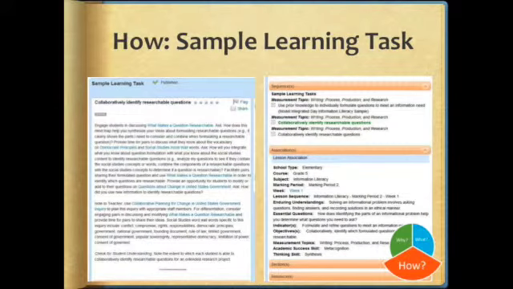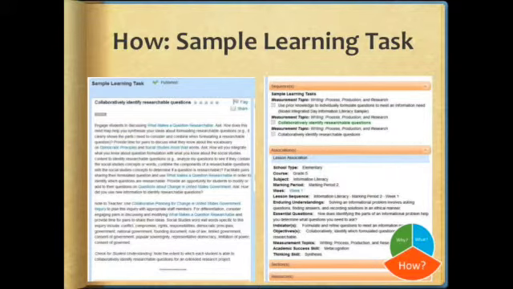This last document that I would like to share with you is a sample learning task that goes with the conflict, compromise, and change extended writing inquiry that you just looked at. A sample learning task gets down to the lowest level of the how. It is the student learning experience.